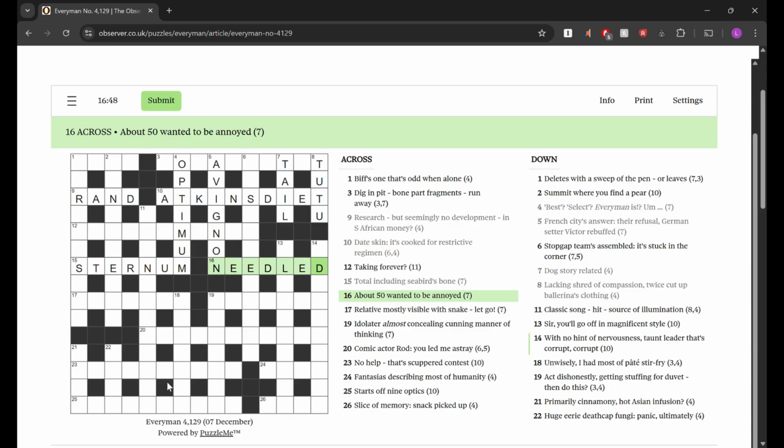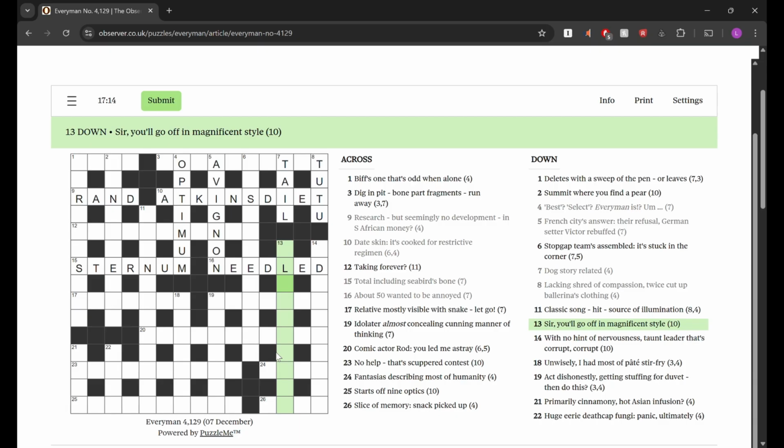Oh, okay, so about. So we'll put in another word for wanted, needed, and we'll put in that about L, which is 50 in Roman numerals. And if you're annoyed, then you may feel needled.